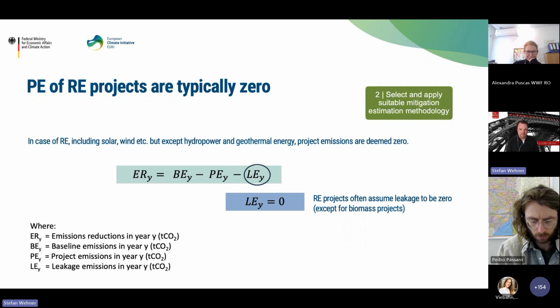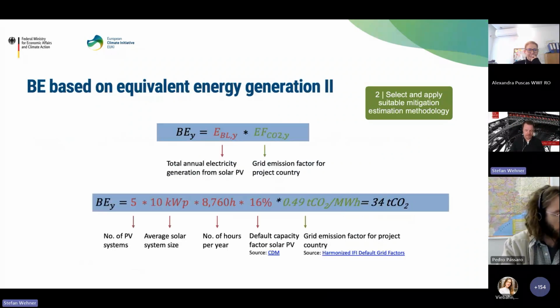If you buy new e-vehicles for a public government fleet, for example, and then the old vehicles are sold on the market, then they're still existing, and you need to consider this. But for PV, solar, it's not the case. This would also be shown, and guidance would be provided by the methodology that you apply.